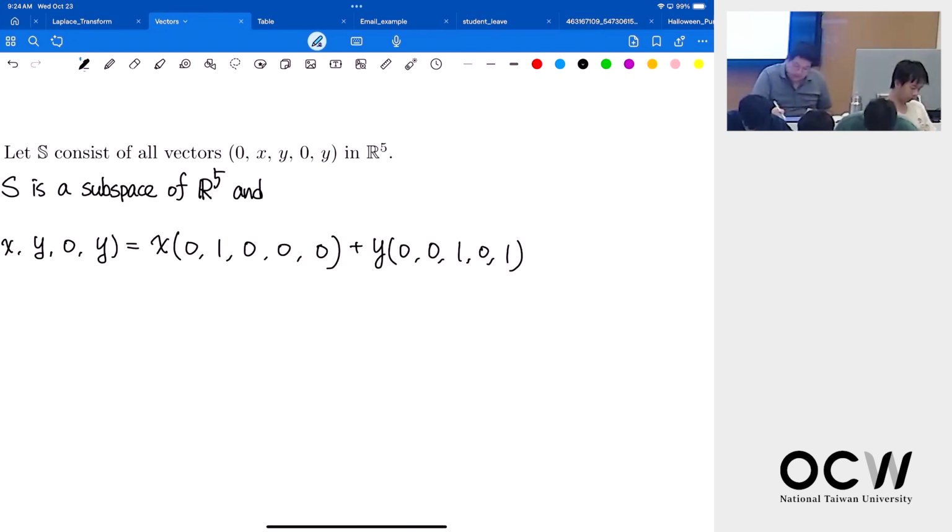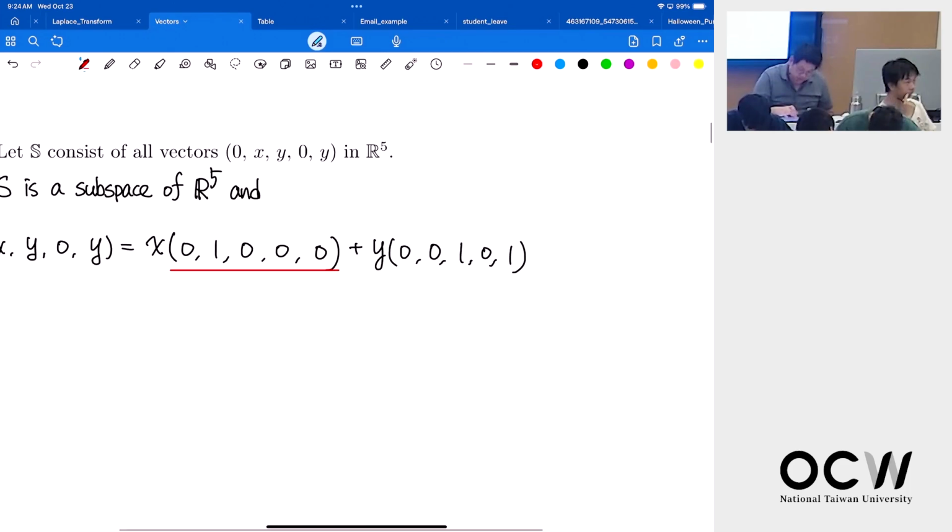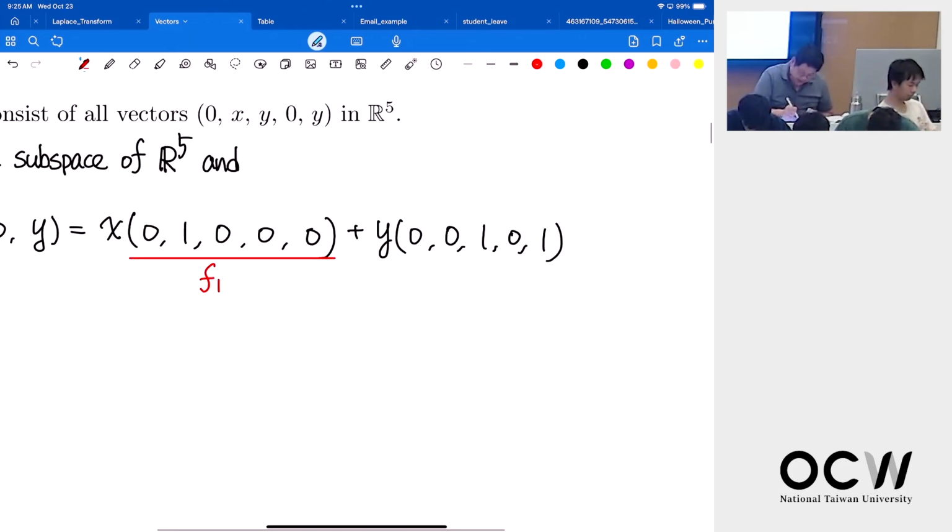You can think about these vectors in R5. This is F1 and here it is F2.